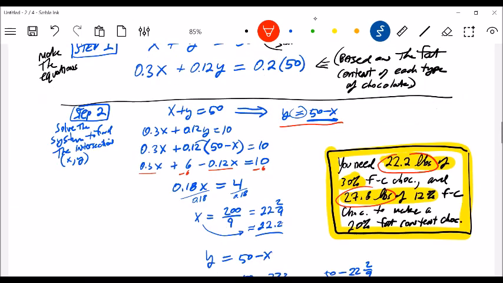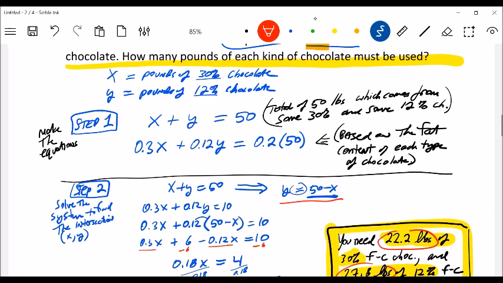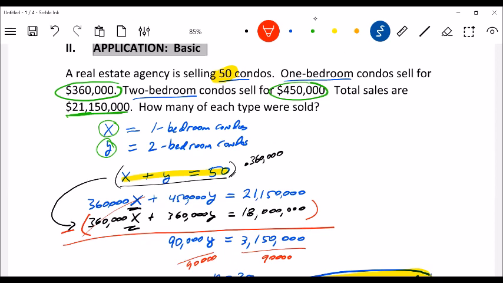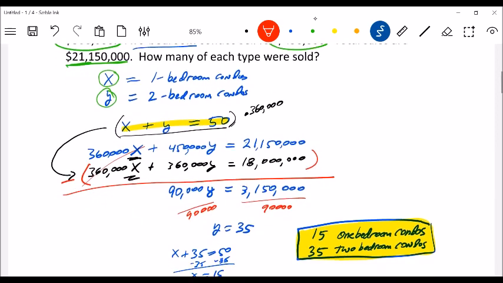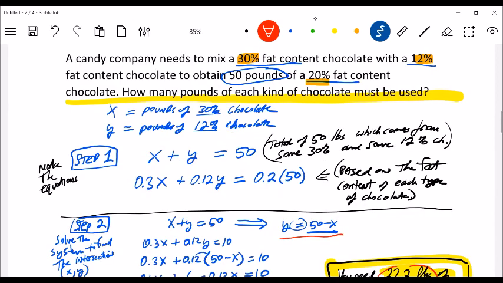In the problem before that, we made two equations, one based on the total number of pounds and the other one based on the fat content of the pounds, just a part of it. And in the first one, it was the matter of the two things and the amounts of money that they were worth and the total amount of money. So this one and the second one are very similar, but not exactly, because we have decimals too.